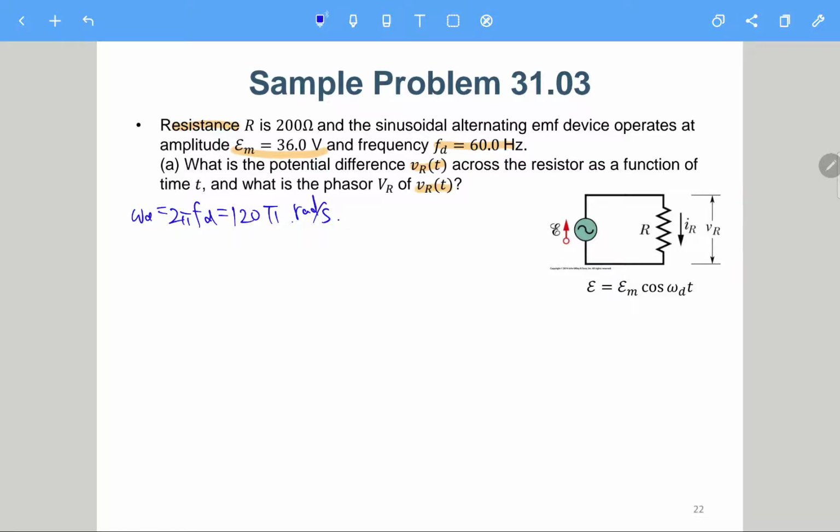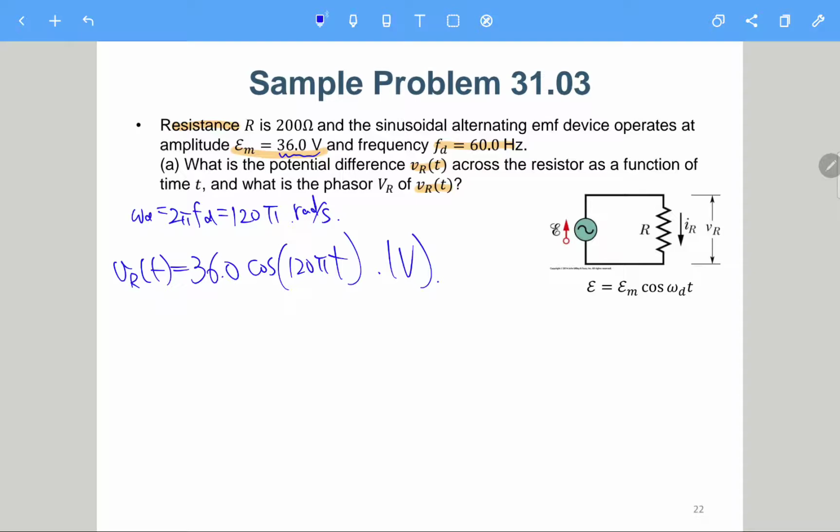And of course V_R(t) is 36.0 cosine 120 pi t, and that's it.